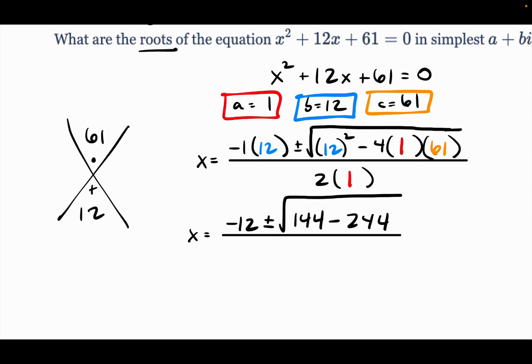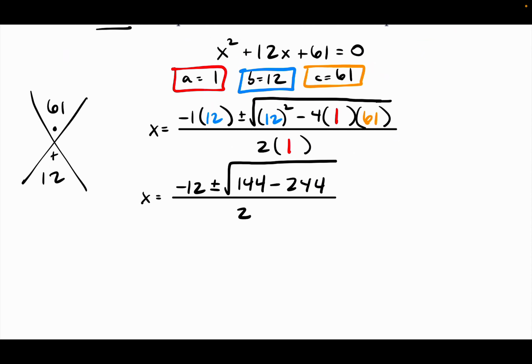And then on the bottom, it's going to be 2 times 1, which is 2. Now we got to subtract. Grouping symbols. So we subtract what's on the inside. 144 minus 244 is negative 100. So we have a negative underneath the square root.